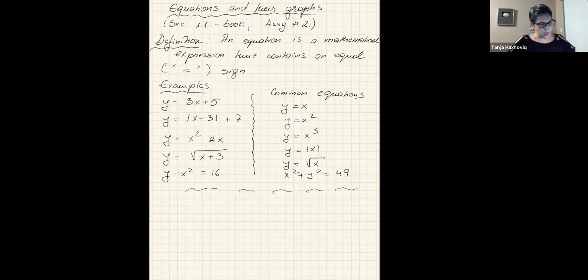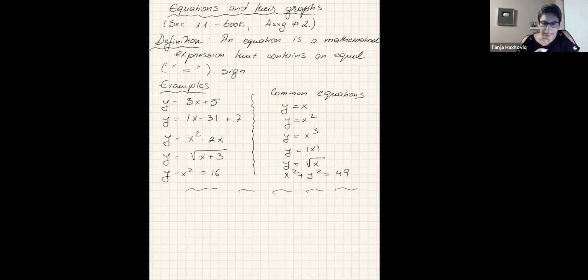So before we talk about the graphs of an equation or graphs of equations, we first need to introduce the so-called Cartesian plane. So to talk about the graph, a graph of an equation is basically a bunch of points on a plane in a two-dimensional space, that is.